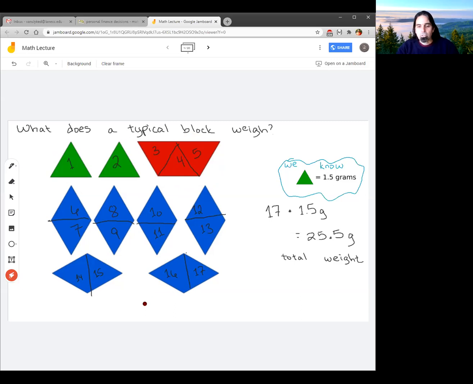A third person would do what you were halfway through doing and say, I've been taught in school to do this thing called an average. I'm going to add them up and then divide by how many. So I'll count them all. 1, 2, 3, 4, 5, 6, 7, 8, 9 blocks.